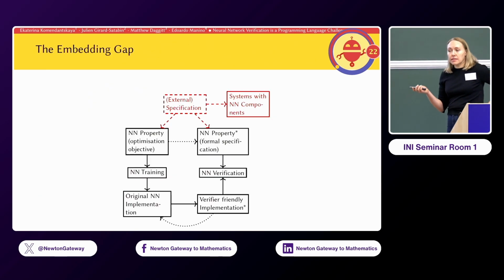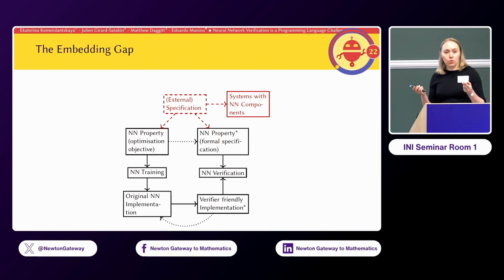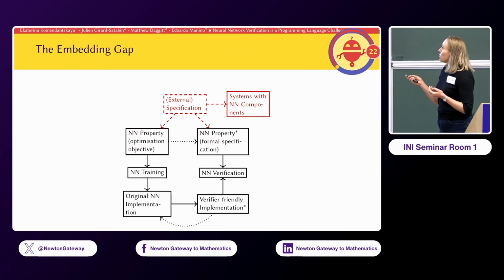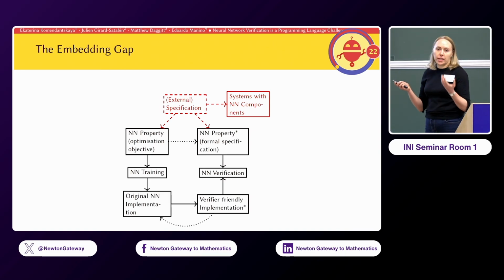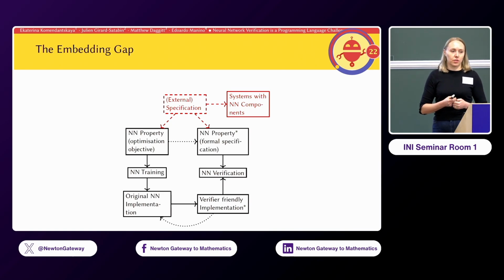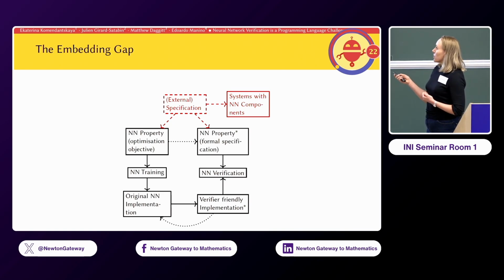There was another thing that this specification language allowed us to solve. What we noticed is that very often neural networks are part of bigger systems. No one is interested in neural networks on their own. When people specify these systems, they say, okay, the neural network will be this controller in the airplane.